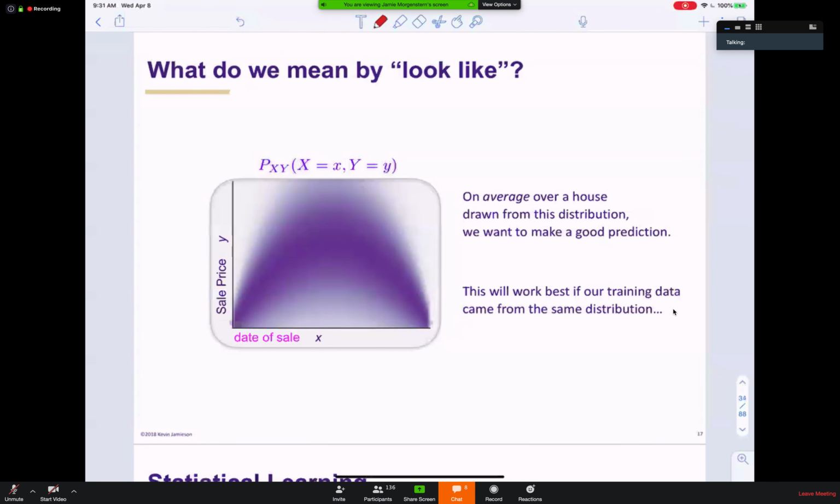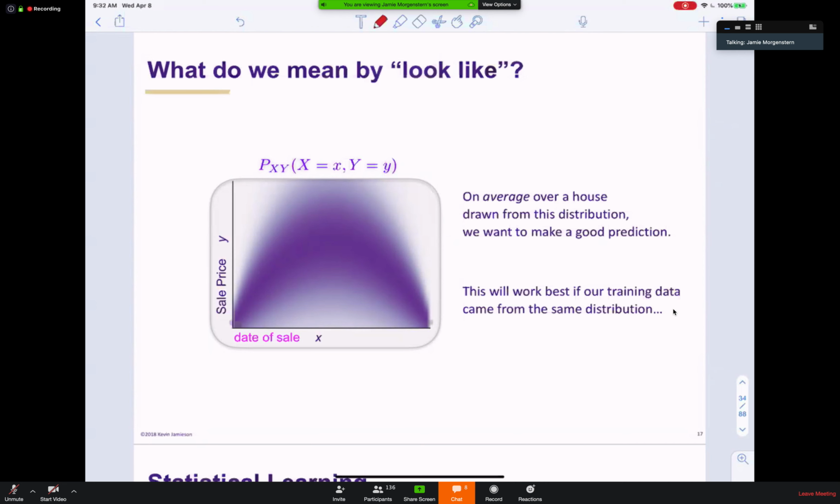So we're postulating that there exists a distribution, if you think about the entire collection of houses we might ever observe, that can be described as a joint distribution over the date of sale X and the sale price Y.